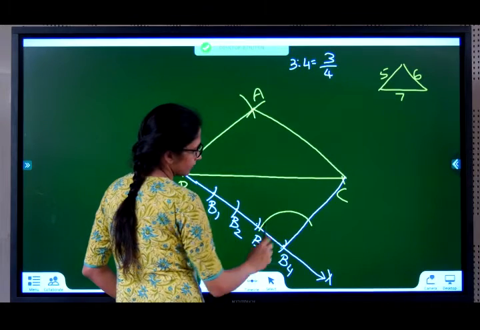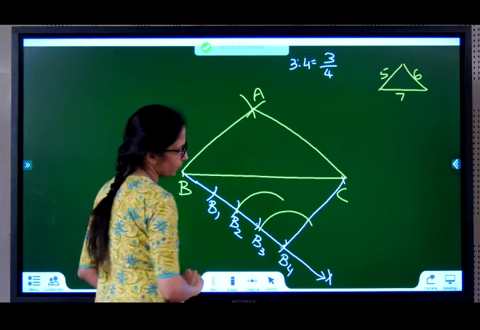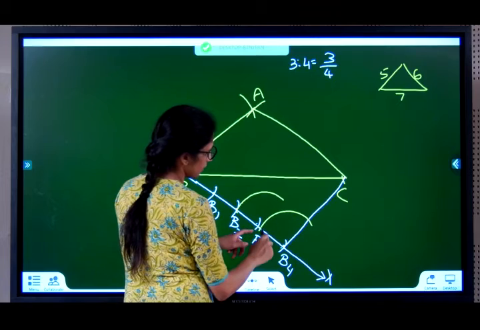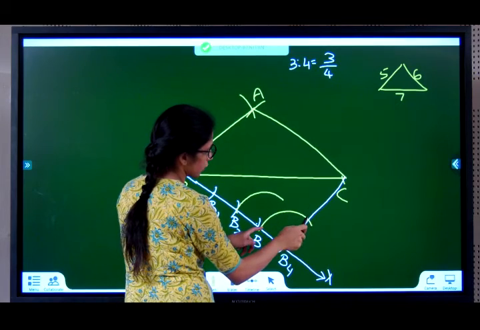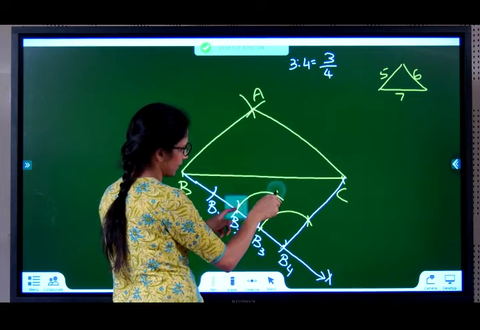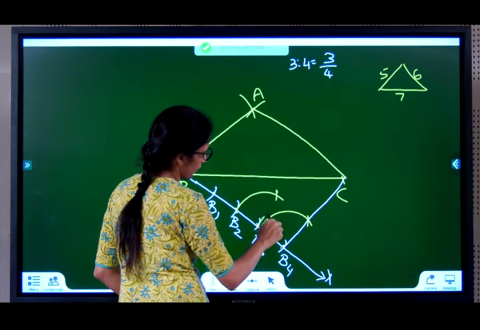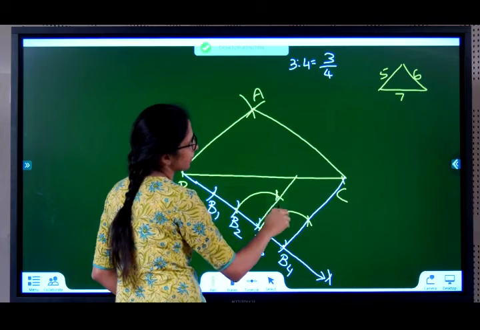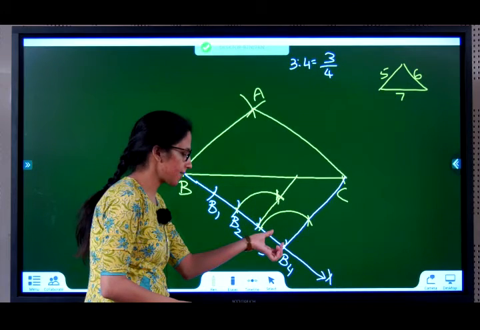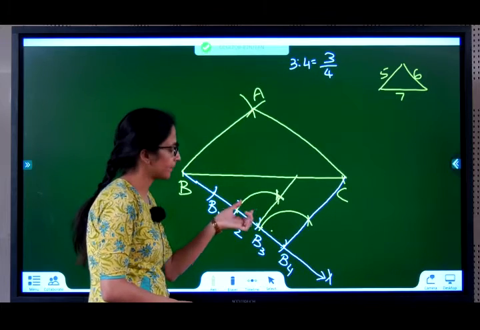Draw an arc. Same arc length you will draw at this also. After you draw the arc, keep your compass at this and measure this arc length. Keep your compass at the new point here and cut the same arc. Join B3 to that point. I basically replicated the same angle here at B4 at B3.